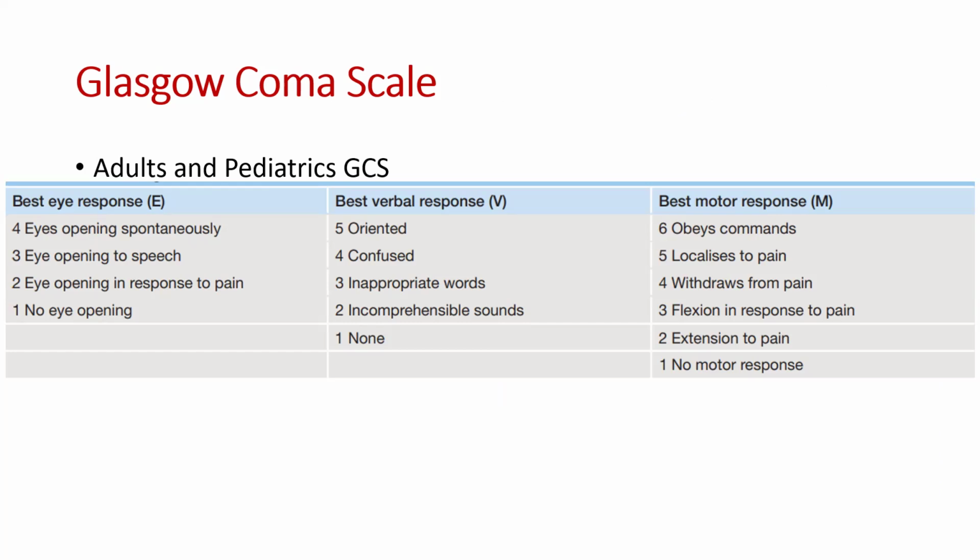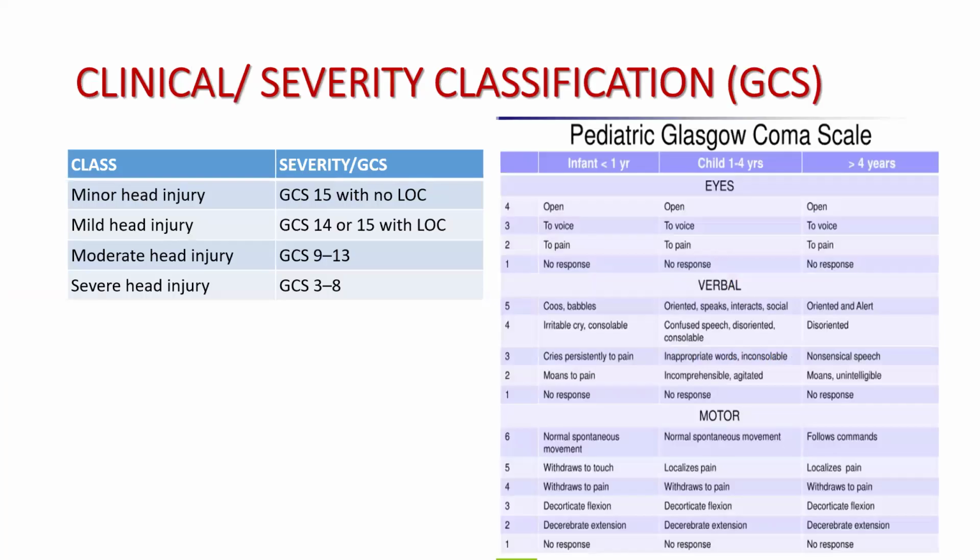So I was asking, this is adult and pediatrics, so if you have a 5 months old baby, how are you going to score his verbal? You are calling it adult and pediatrics GCS. You need to change that heading.